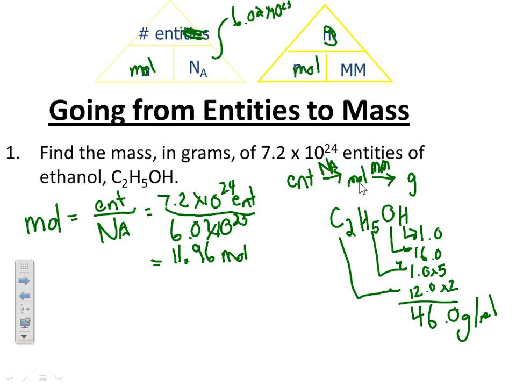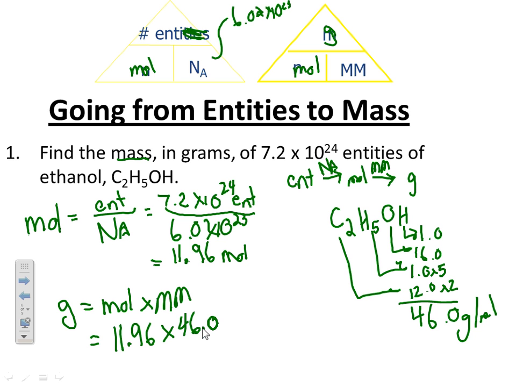The next part says I need to go from moles to grams. I need the molar mass. In the end, I want to get grams, so my equation needs to be for grams. Notice moles times molar mass. That gets me 11.96 moles times the molar mass, which we already got, 46.0.